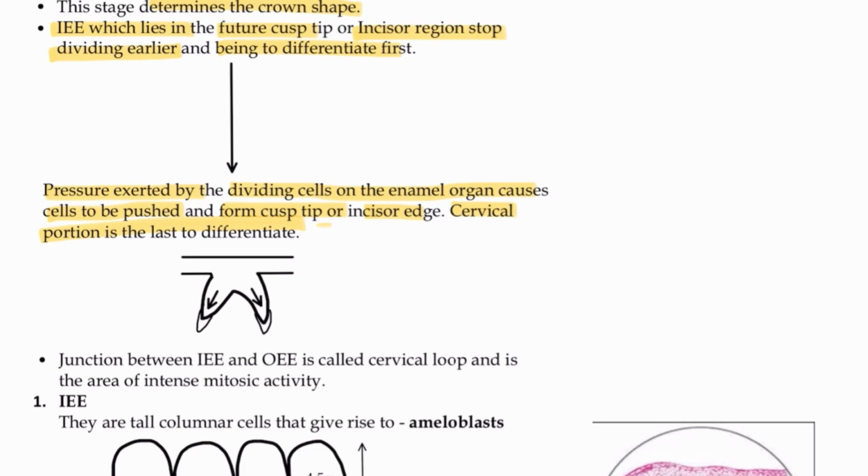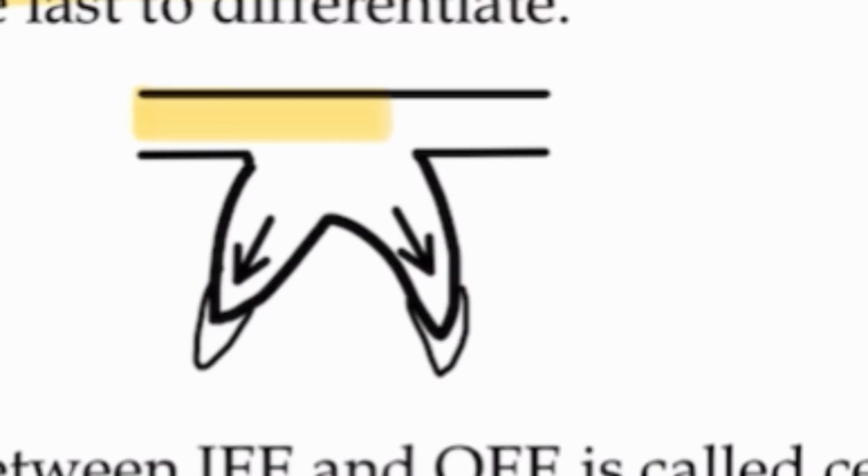This is again a poor representation that I came up with in my mind when I read all these lines. So here we have the epithelium, this is our normal enamel organ. At the tips of the enamel organ, in the lower area, we have inner enamel epithelium. My highlighter is too thick, but you get my point. From this region, the dividing cells over here will start differentiating and these cusp tips are forming.